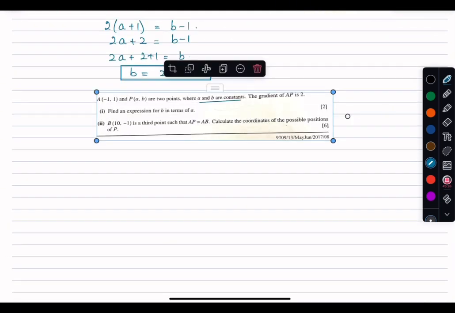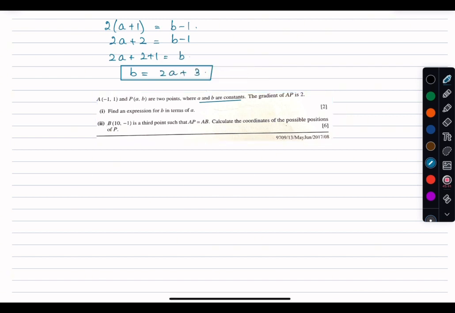The second part of the question says B has the coordinates. For the second part, let's take the information. B has the coordinates 10 comma negative 1, is a third point, such that AP is equal to AB.